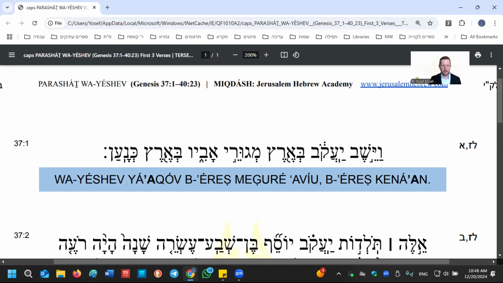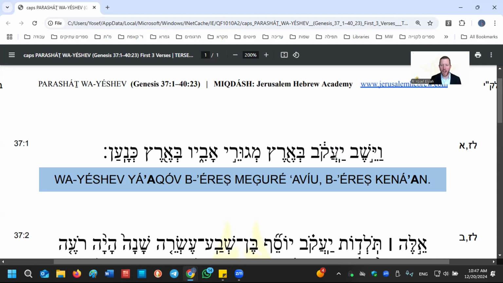With regard to the name Yaakov, Jacob, make sure you are pronouncing this name as three syllables, not two. You can see it here. There are three vowels, each separated by a consonant, that equals three syllables.